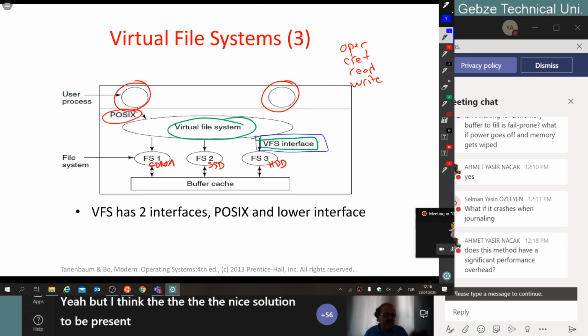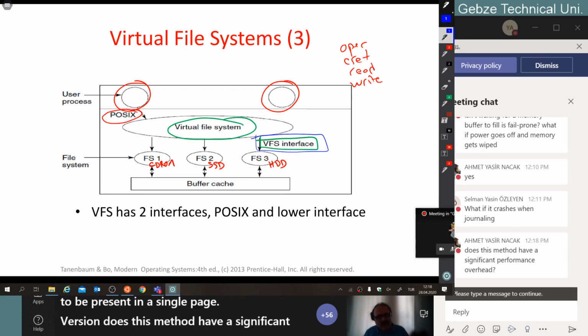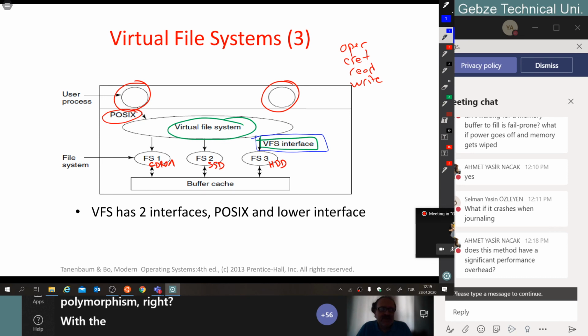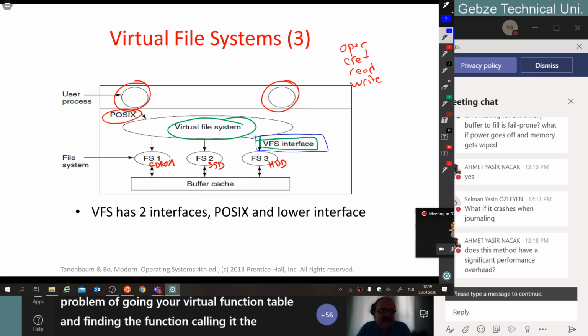Ahmed has a question. Does this method have a significant performance overhead? Well, the performance overhead is the same as polymorphism, right? With the polymorphic calls, you had this problem of going through your virtual function table and finding the function and calling it. The overhead is the same as that, but in this case, the situation is better. Why?